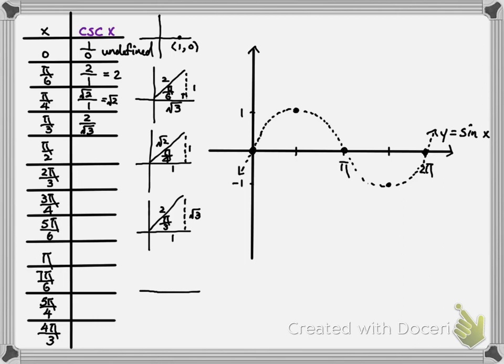Now we have pi over 2, where the coordinate is (0, 1). Then the cosecant function, the reciprocal of the sine function, is 1 over 1, which equals 1.